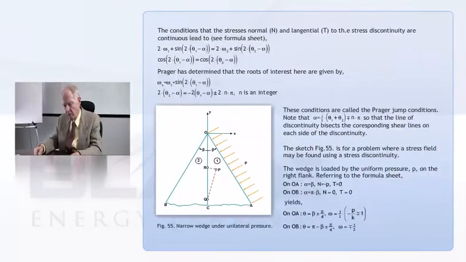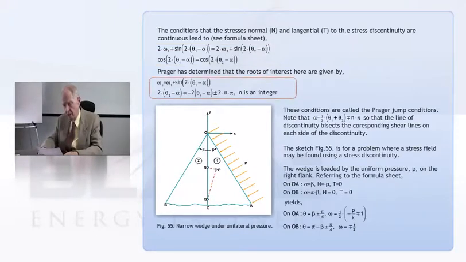If we write the conditions for the continuity of N and T from those earlier equations that we had when we were just writing out what the normal and tangential stresses were, you get the first set of equations on this slide. And Prager was the fellow that figured out that the solution you care about is given by the second pair of equations on this page.